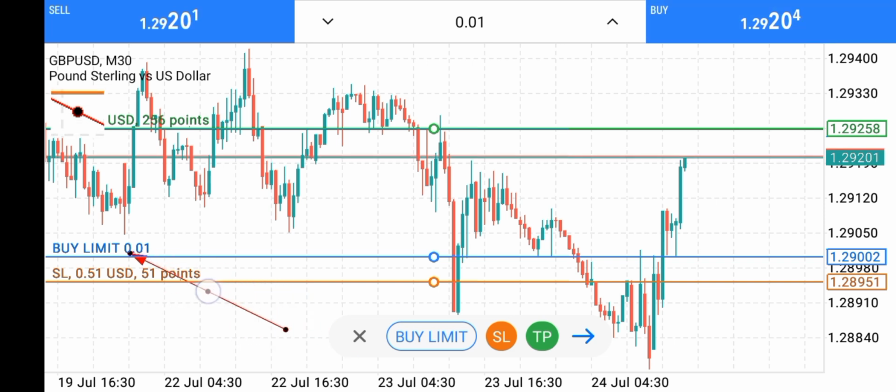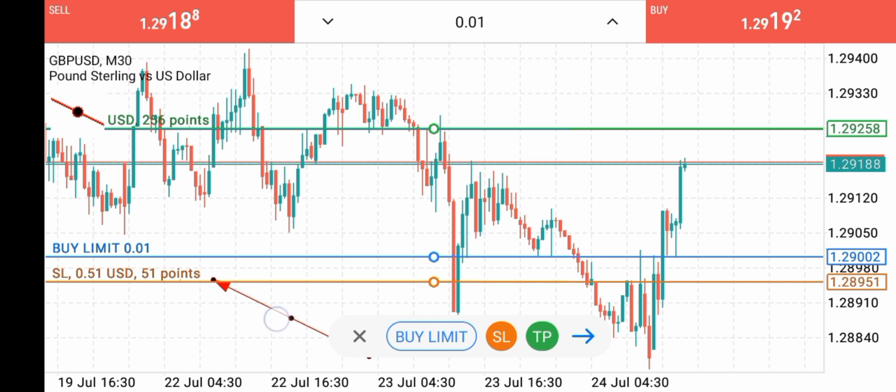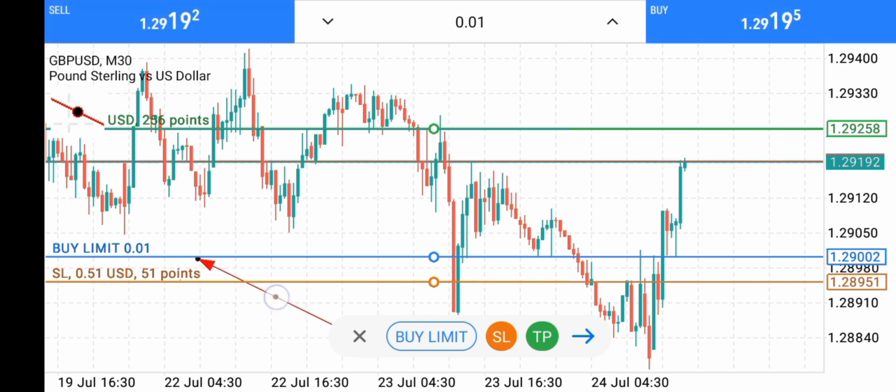For example, you entered a buy with 0.01 lot size. Now your stop loss is at this region. You will notice that if this trade does not go in your direction, you will make a loss of 0.51 cents. That is less than $1.